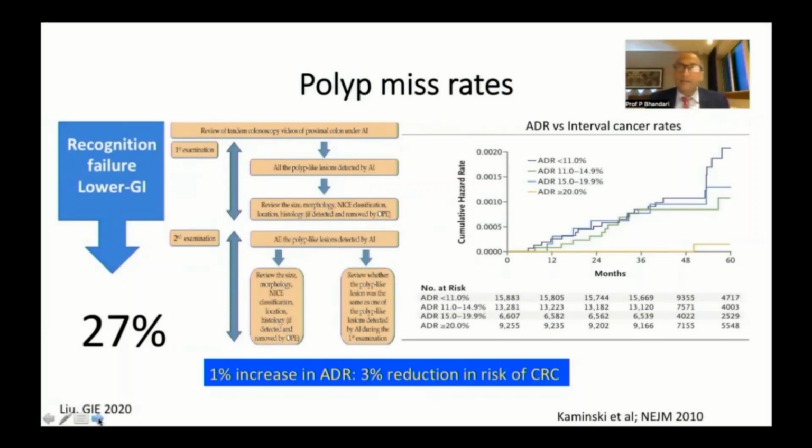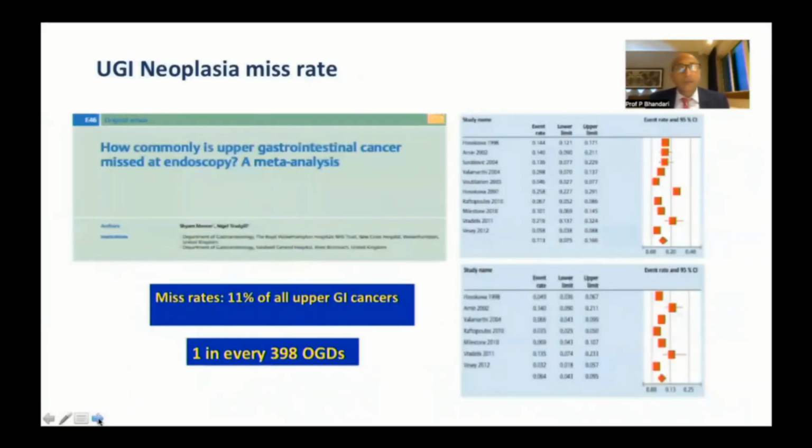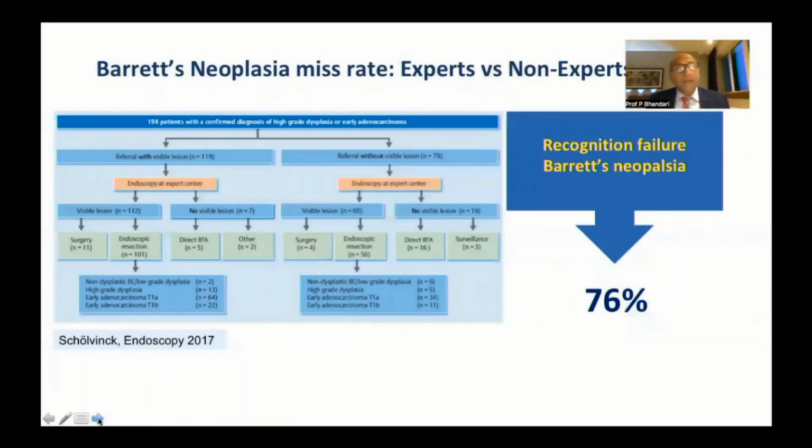So indirectly, missed polyps can result in colorectal cancers. Similarly, about 11% of upper GI cancers get missed. And when you compare experts with non-experts for Barrett's, we see that when patients get referred to us, experts pick up another 76% of the lesions which were not seen by the referring center. So there is a problem.